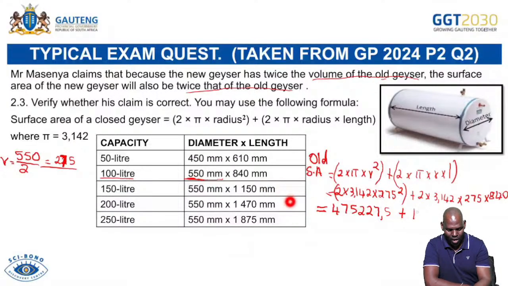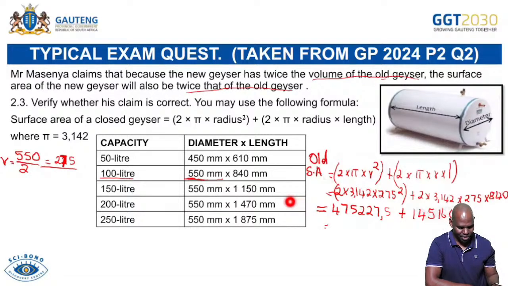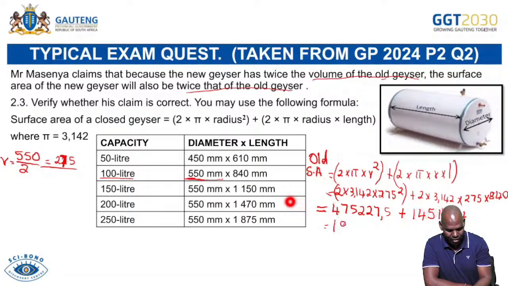Then I'm getting 1,451,604. Then I just add it with 475,227.5. Then in the end I get 1,926,831.5.